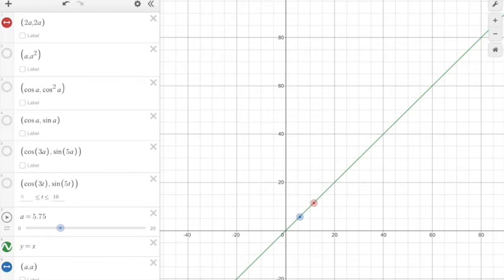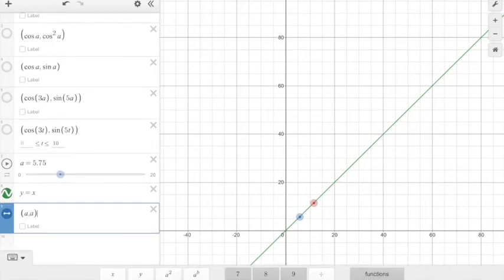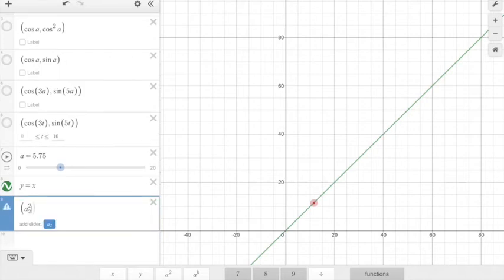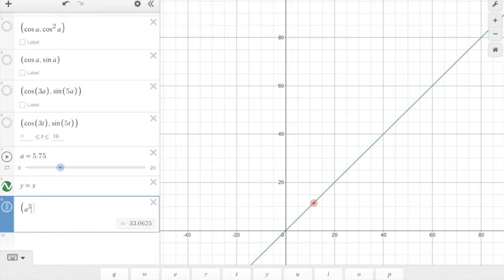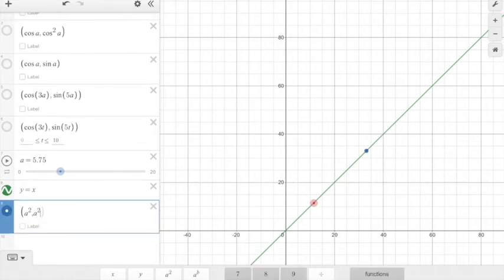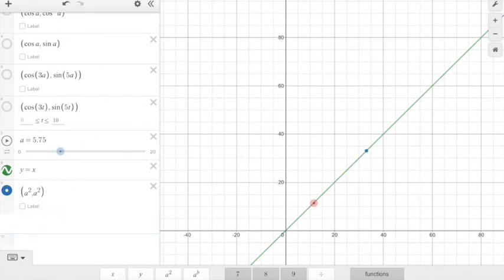That's pretty cool, right? Now, as I said, I can also change the blue to be the thing we just said, which is a squared and a squared, which is again the same trajectory.